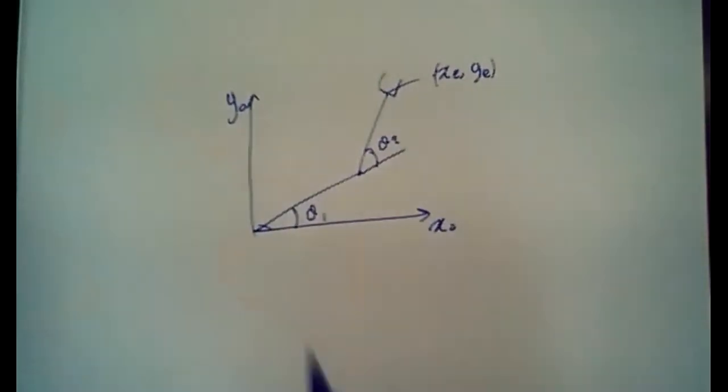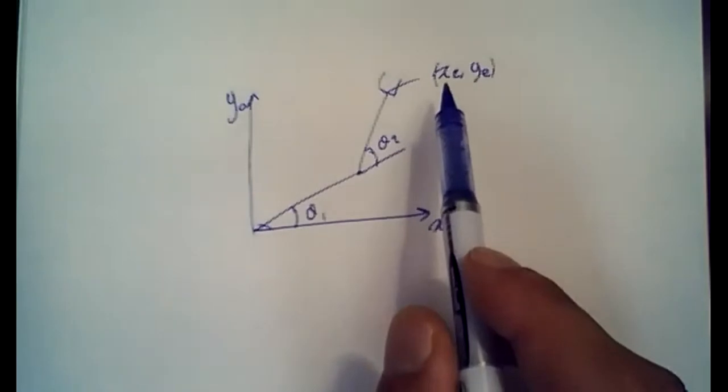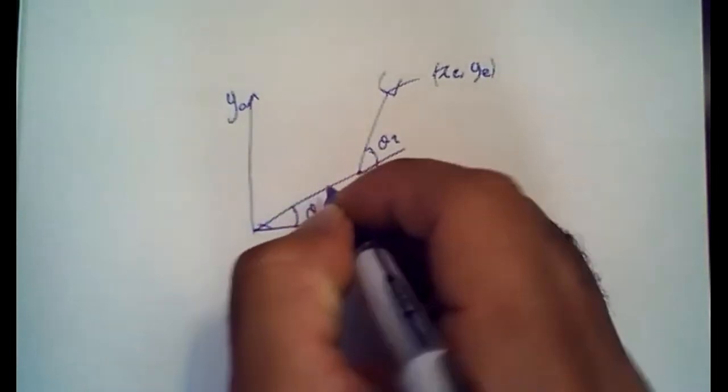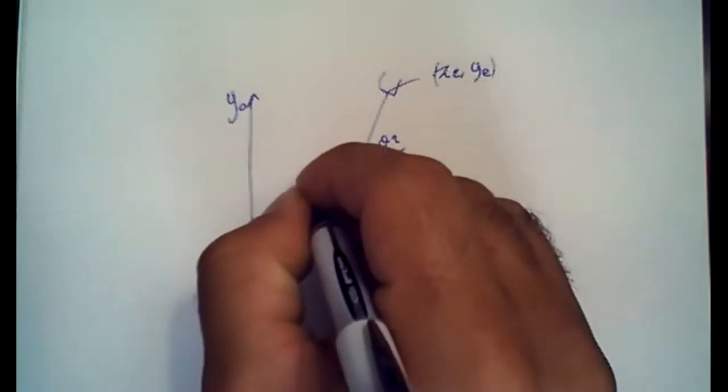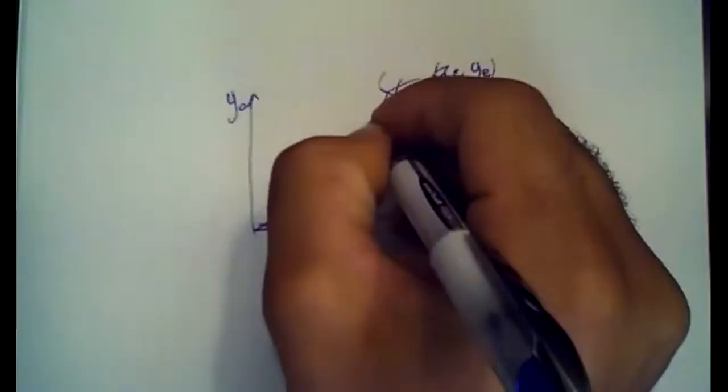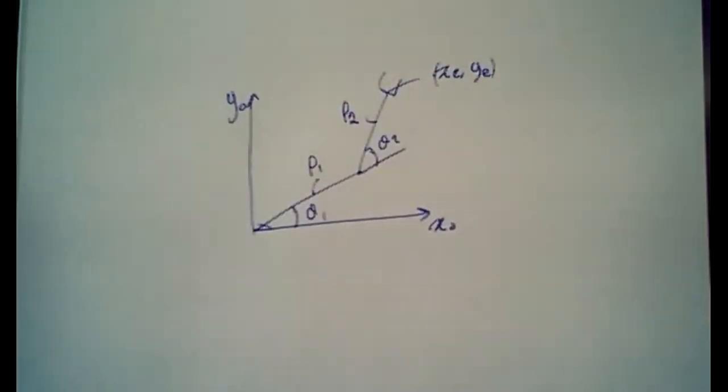We need to find theta 1 and theta 2 based on XE, YE. But you will tell me you need to know the actual geometry of the robot. So the length of the first link is L1, and the length of the second link is L2. Now, how can I solve for theta 1 and theta 2?